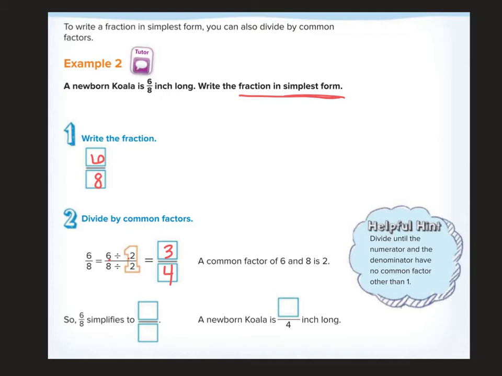Right? So 6/8, and I know that 3 is prime. Once we hit a prime number, we know we're done. That's the brakes. So 3 is prime, so I know that 6/8 simplifies to 3/4, and that is in simplest form. So a newborn koala is 3/4 of an inch long. Not even 1 whole inch long. That's a pretty tiny little baby, isn't it?